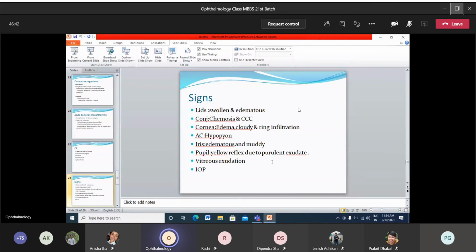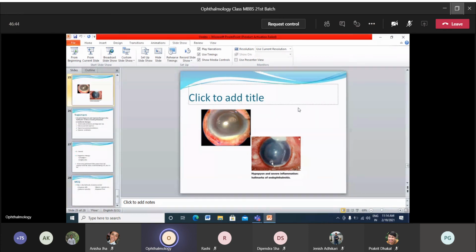So here you can see in this picture some amount of corneal edema, and some amount of vitreous haze, though the IOL you can see is nice and shiny here, and then the presence of hypopyon and circumcorneal congestion. Hypopyon and severe inflammation are the hallmarks of endophthalmitis.